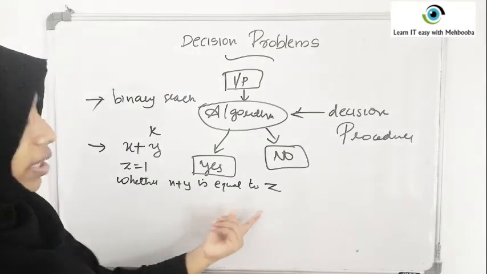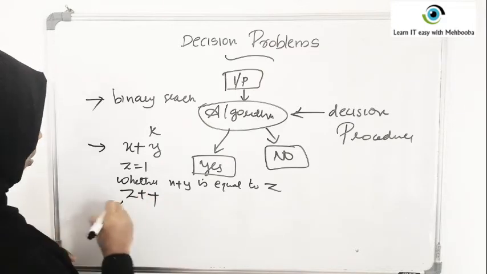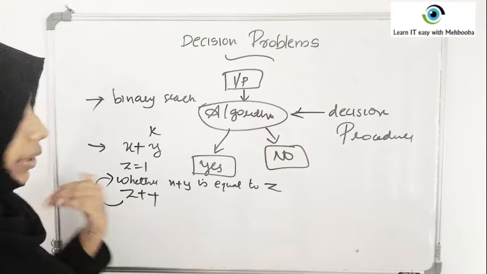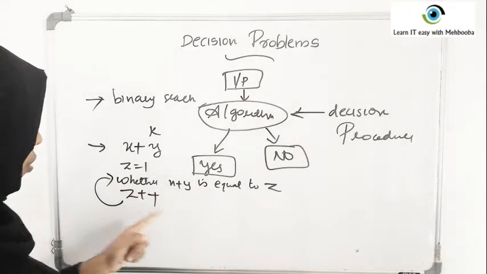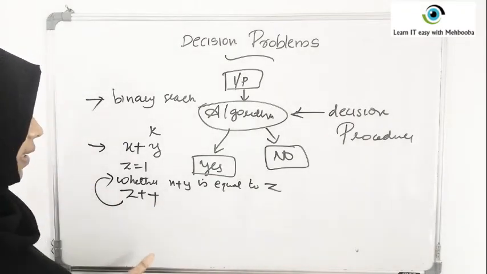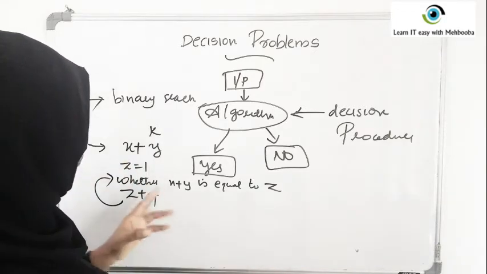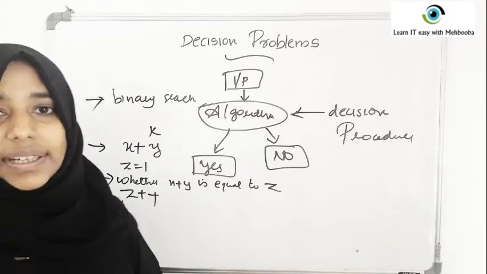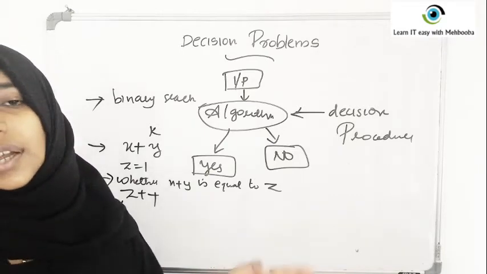If x plus y is not equal to z, you increment z. Then ask the same question again whether x plus y is equal to z. If not, you increment z. Again ask whether x plus y is equal to z. If it is not, you increment z. At the end, in z you will have the sum of x plus y, and we have converted this question into a decision problem, isn't it? That is what I told: all the problems can be converted to a decision problem with roughly equal complexity.